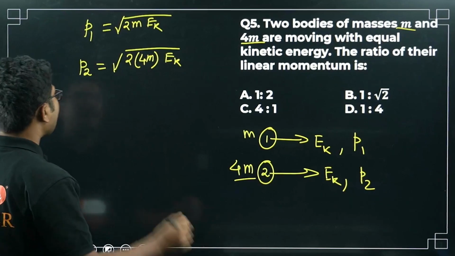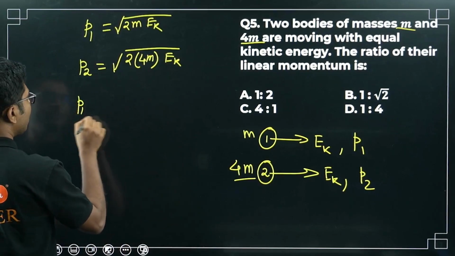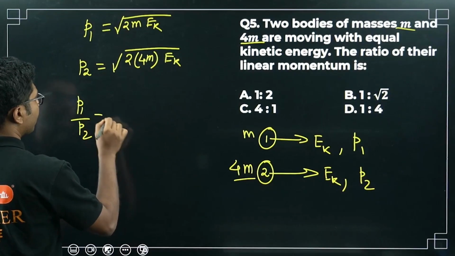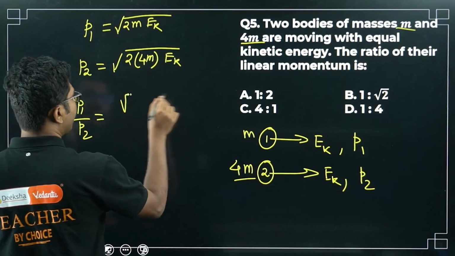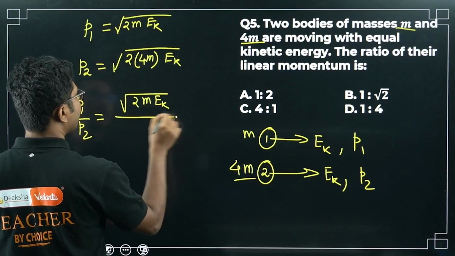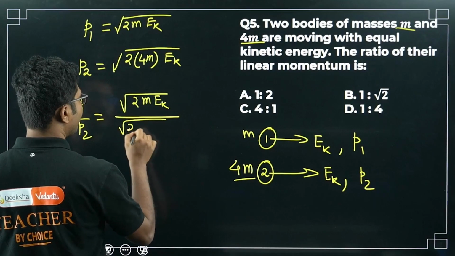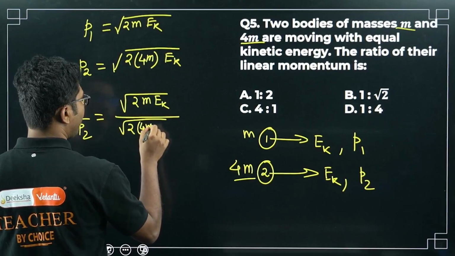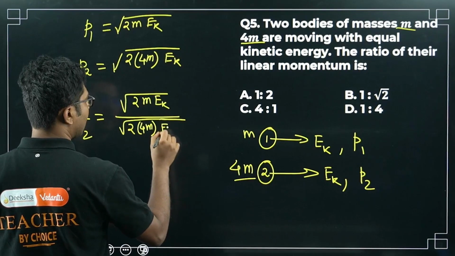Now you are asked to find the ratio of these two momentums, P1 divided by P2. So square root of 2m Ek divided by square root of 2 times 4m Ek.